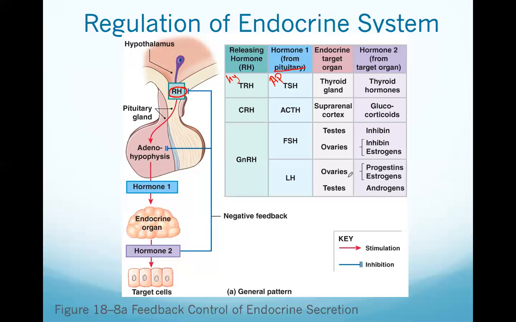Now, again, it is complicated, so I'm not going to tell you that this is going to be simple, but we're going to take it one step at a time and look at each of the glands and the process as they go through their hormonal secretion and their effect on the target cells.